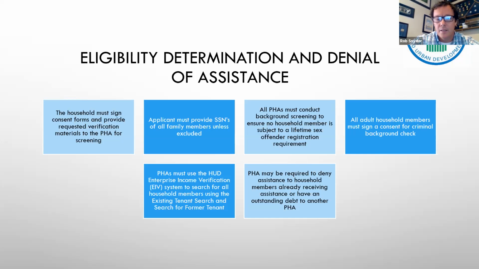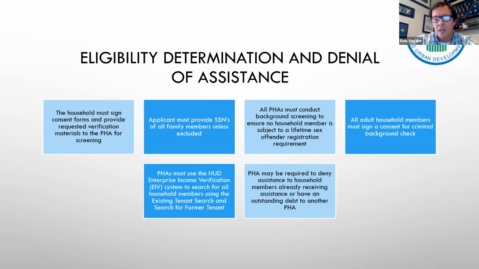And then most of the housing authorities are very, very familiar with the EIV system, but that is the system that we utilize for these various verifications. Specifically, the existing tenant search will allow the housing authority to eliminate the possibility of a family being provided double assistance from two different buckets, so to speak.